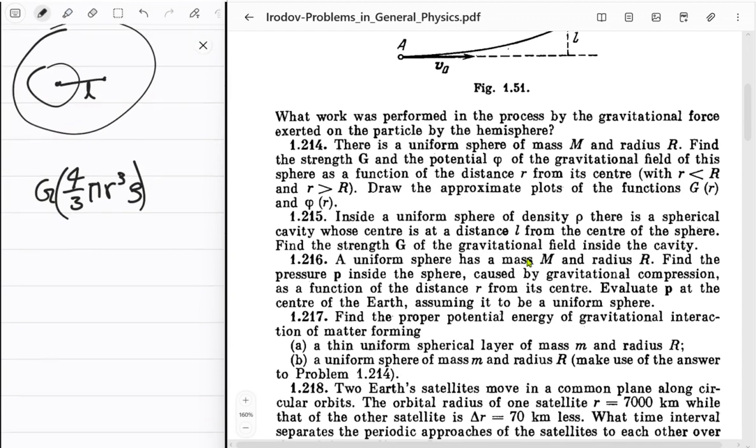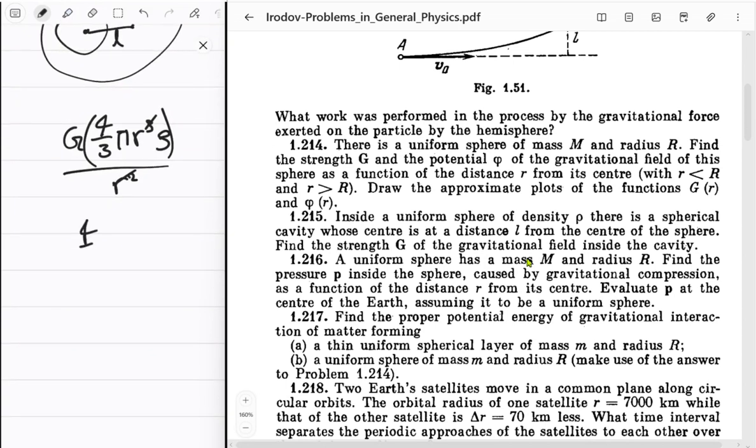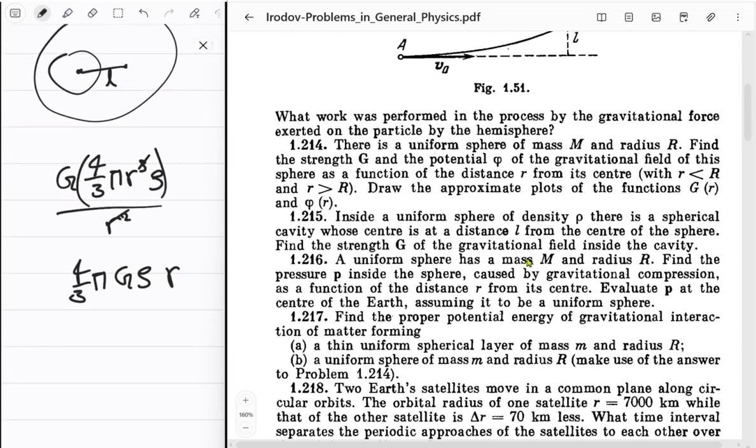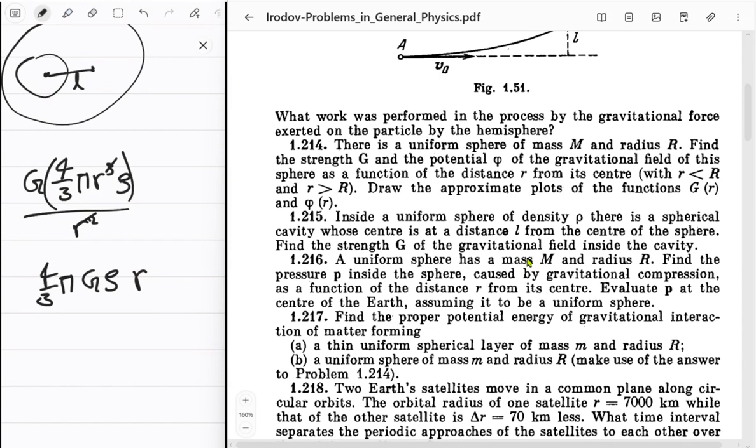And you just want the field, not the force. So it's 4/3 pi G rho times r. Actually, you should say it's the negative r vector, the vector going from this point to that. Whatever, does that really matter all that much? It doesn't.